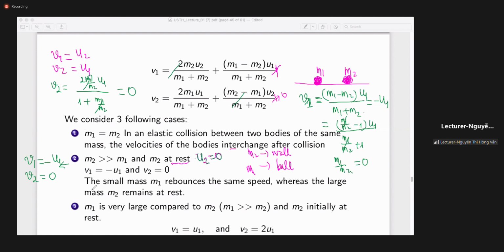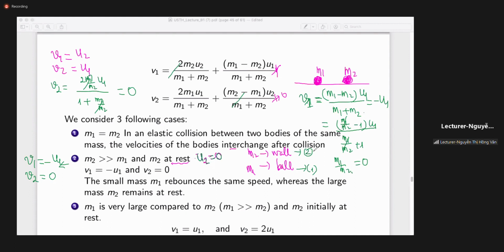So what does it mean? The wall is number 2. The ball is number 1, right? So the velocity of the ball after collision is in the opposite direction to the initial and keeps the same magnitude. So the ball hits the wall and is turned back. You see it in reality.